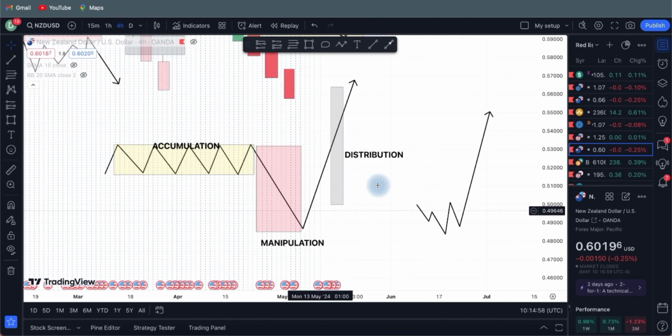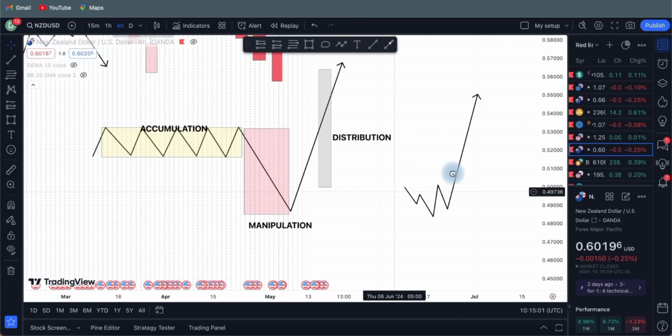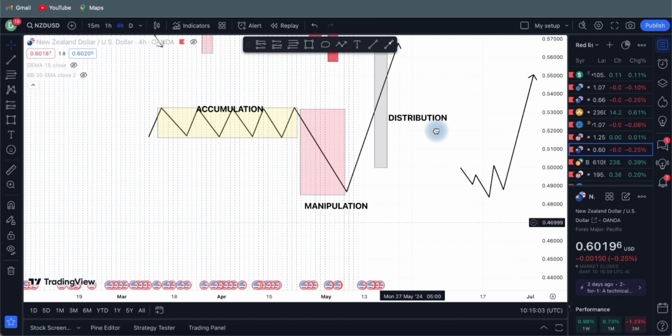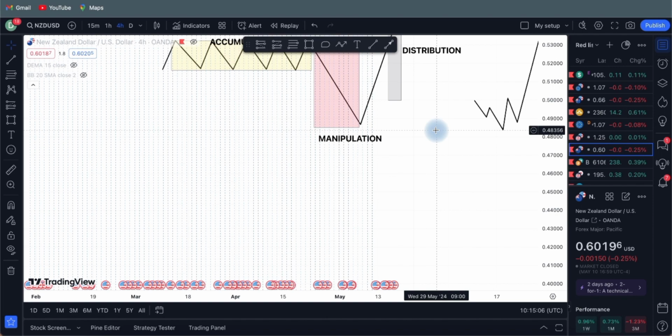The next thing we are going to be talking about is the PD arrays. I would really advise you guys to always be jotting things down so that you won't forget whatever I'm teaching.